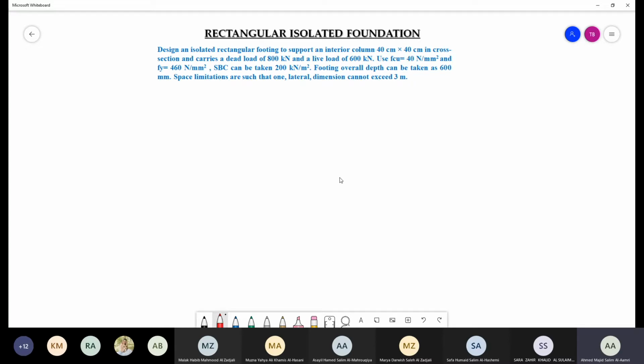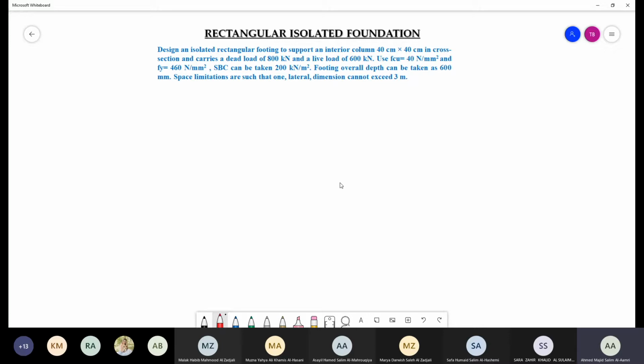We learned when to calculate for bending moment, what one-way shear means, what two-way shear means, and we checked all of these as well. Now in this problem, we are going to experience something similar, but the footing, rather than being a square, is going to be a rectangle.